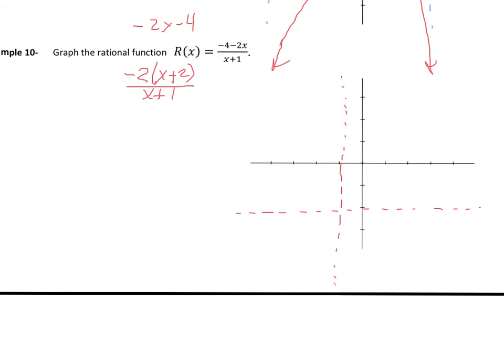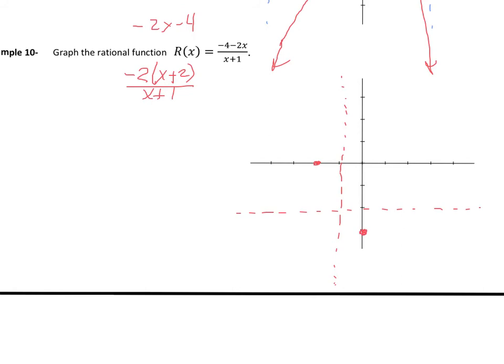Okay. X-intercept. -2. Good. Y-intercept. Make x 0. Where's your y-intercept? -4. Good. All right. Okay.